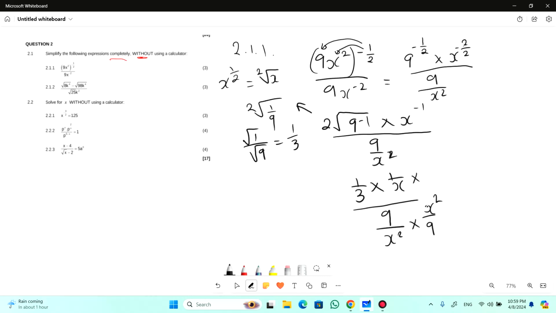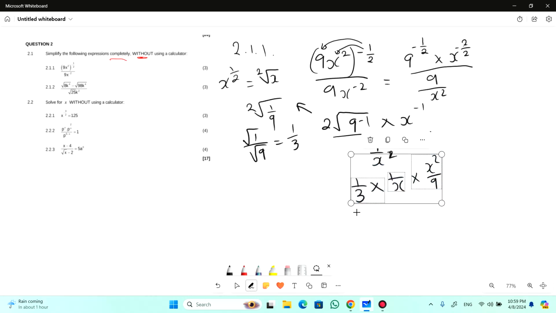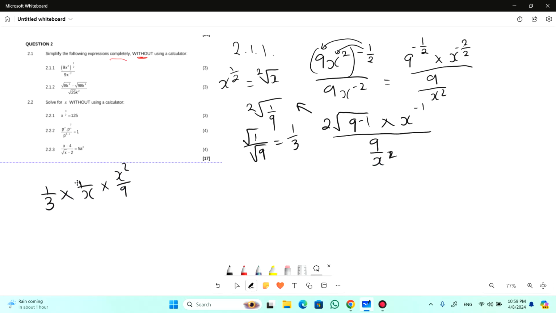What I do on the bottom, I'll do at the top, x squared over 9. So I can remove these. This will be 1 automatically, so I can remove this. So this is the expression that we have now.